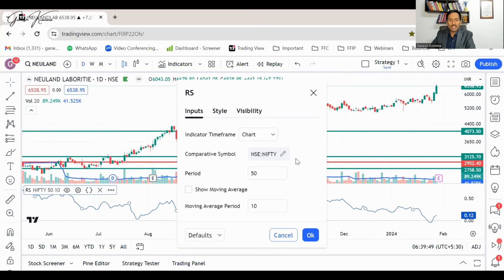As I am analyzing on a daily time frame, I'll be changing it to a 123 days time period. Normally for relative strength, on daily I look at 123, weekly 52 weeks, and monthly 12 months.